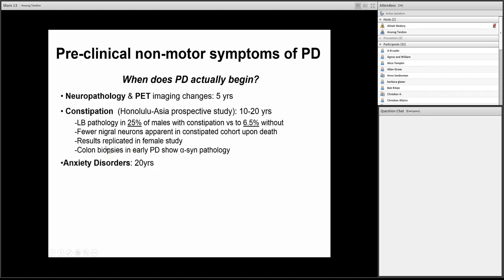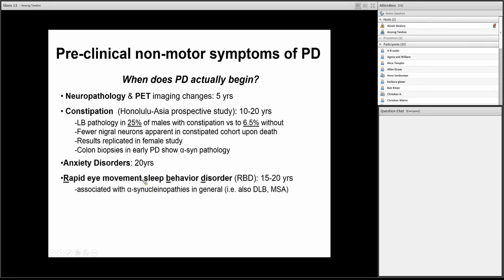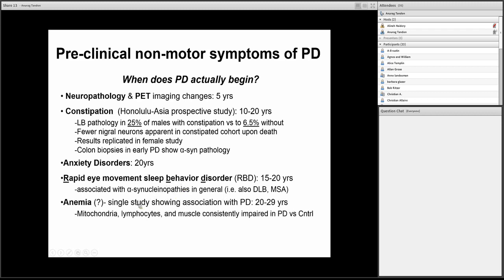We have anxiety disorders that appear 20 years earlier, also some rapid-eye sleep movements, sleep behavior disorders that can occur 15 to 20 years earlier. Anemia, which is a bit more of a vague finding, but there's evidence that there are mitochondrial changes in individuals with PD, particularly as related to blood cells.